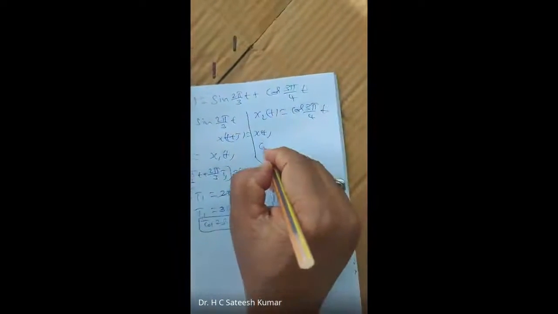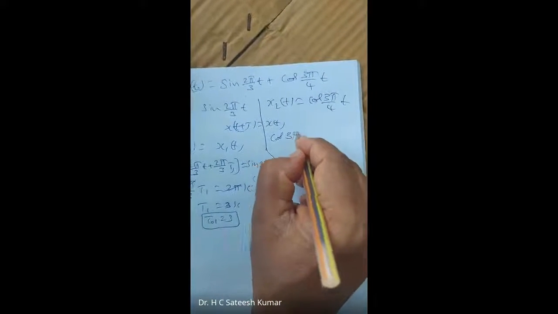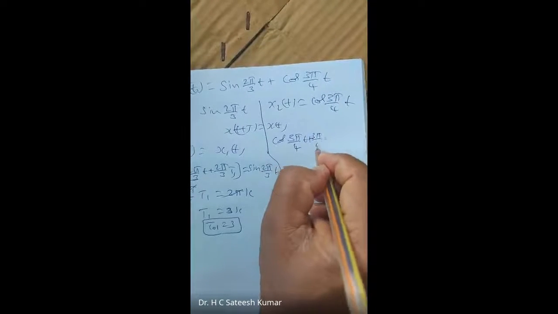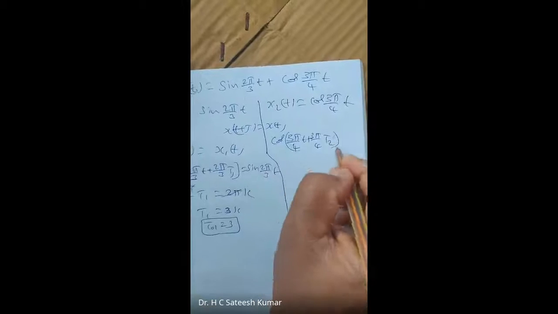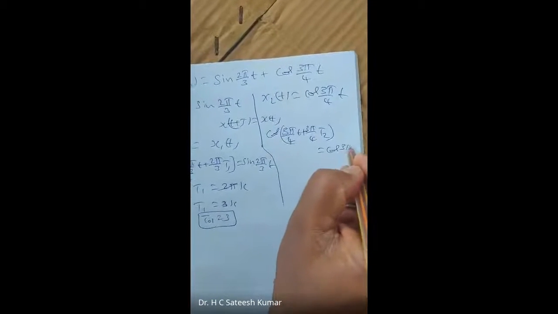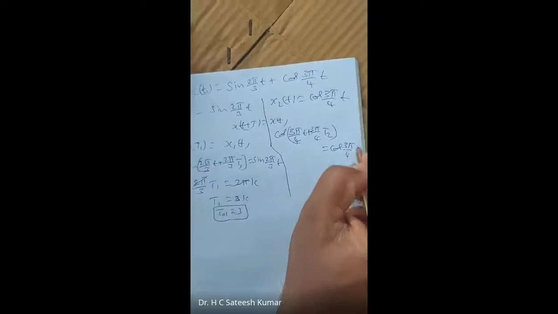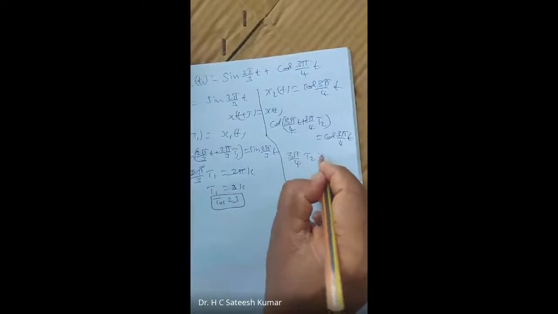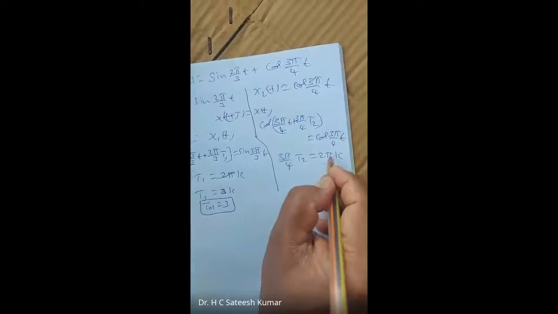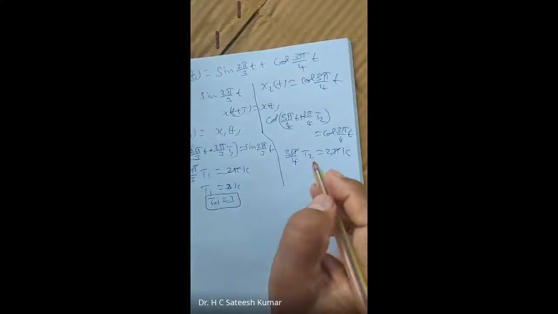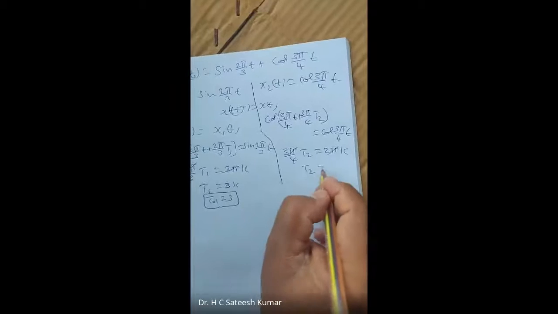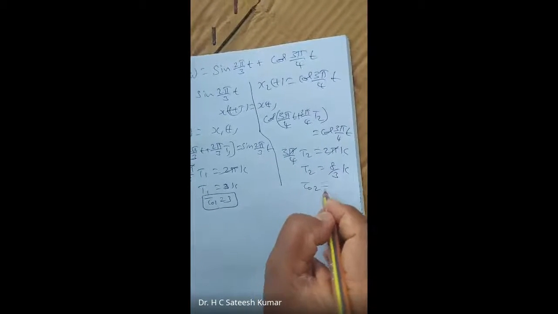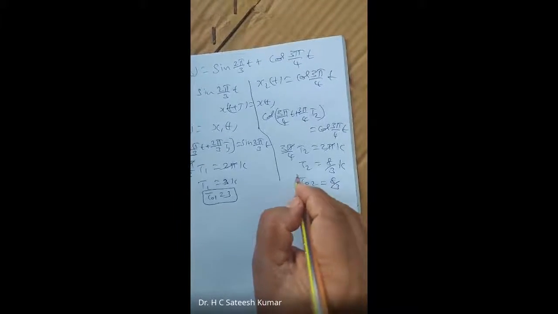Similarly, cos of 3 pi by 4t plus 3 pi by 4 capital T2 is equal to cos of 3 pi by 4t. When these two are equal, 3 pi by 4 T2 should be equal to 2 pi k. Pi gets cancelled. T2 is equal to 8 by 3 k. T naught 2 is equal to 8 by 3.